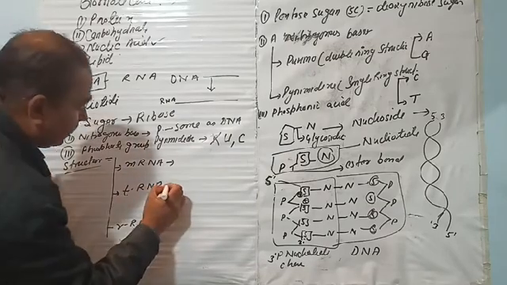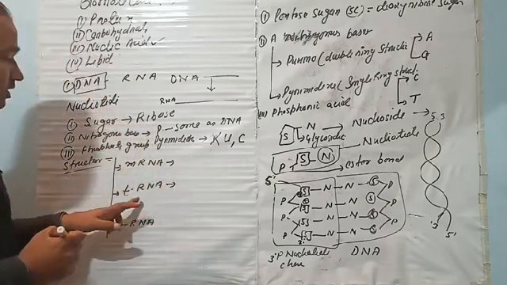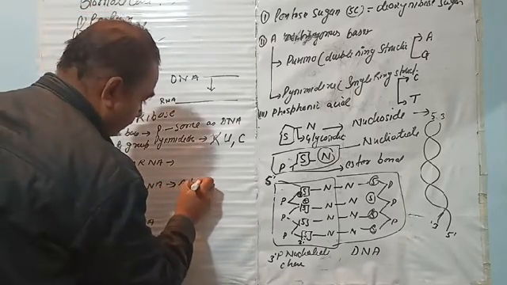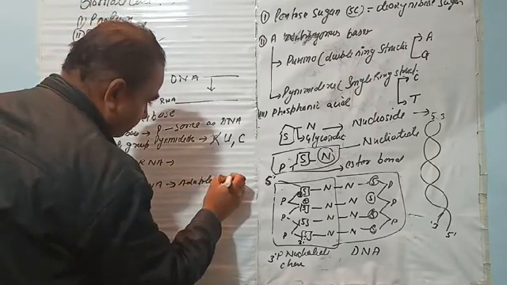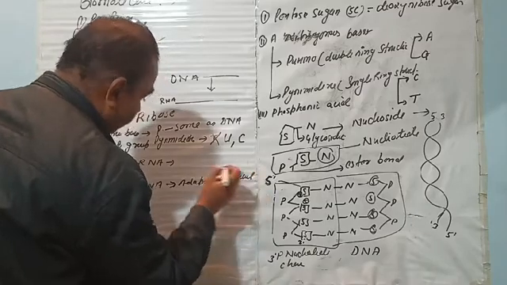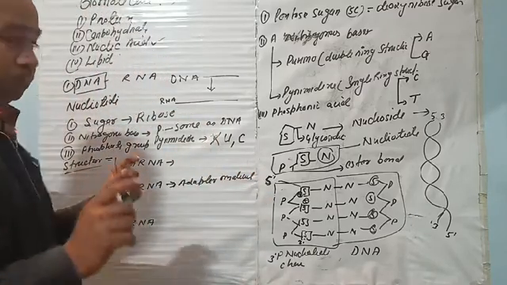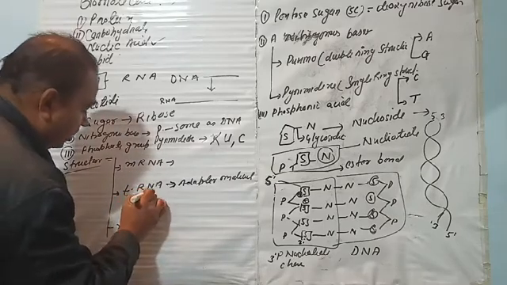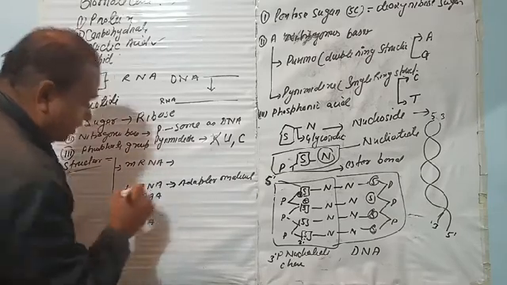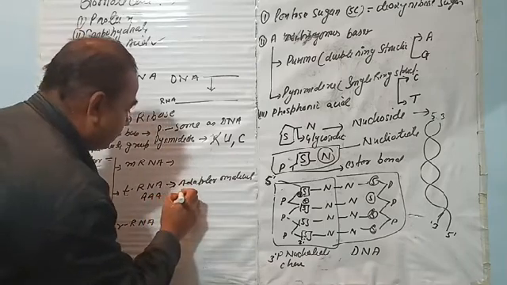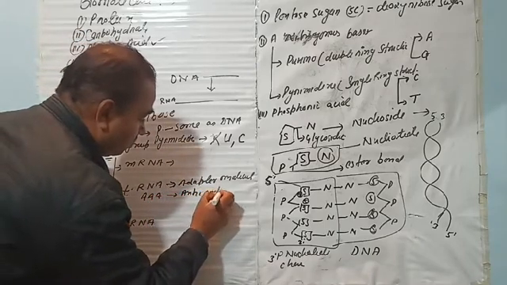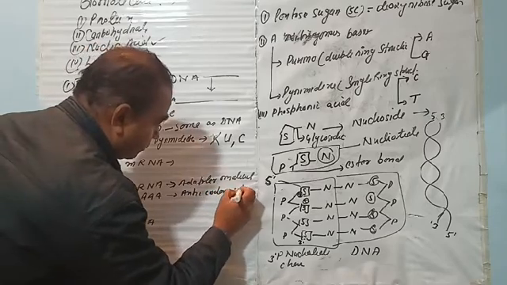Second is the tRNA. It is also called the adapter molecule because it has two different sides. One is the amino acid acceptor and another is the anticodon site.